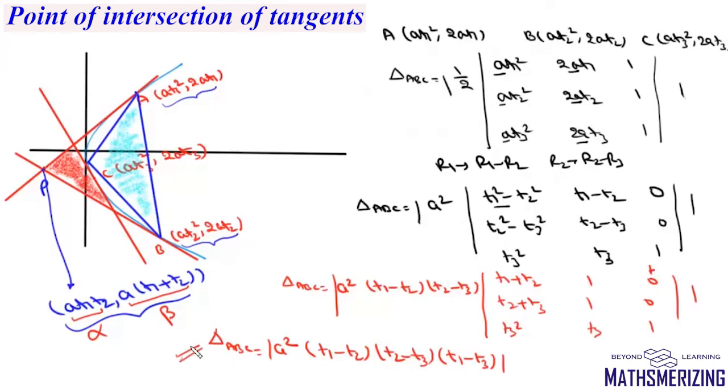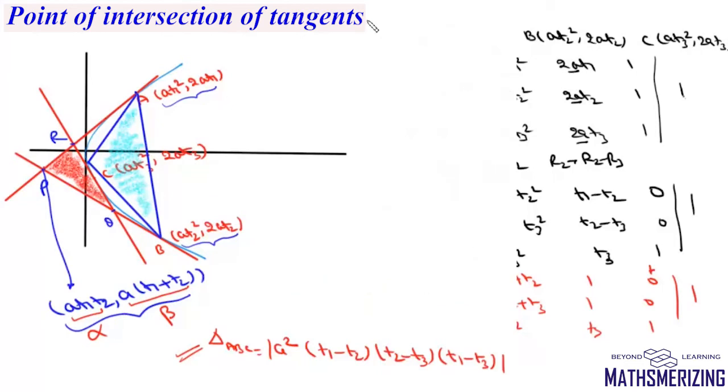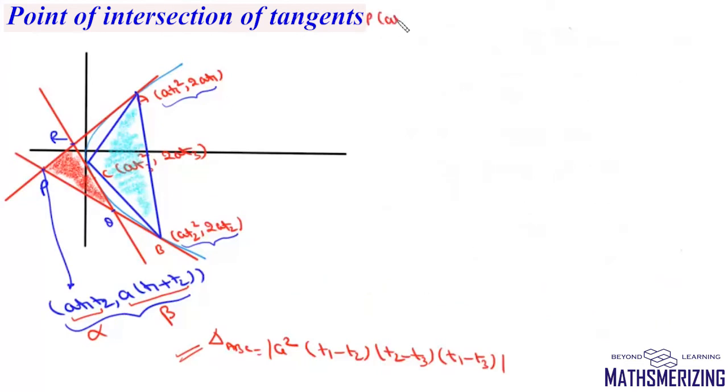Now we'll find the area of the triangle formed by the points of intersection of tangents. Suppose this is P, this is Q and this is R. Now P is (a t1 t2, a(t1 plus t2)). Now what about Q?